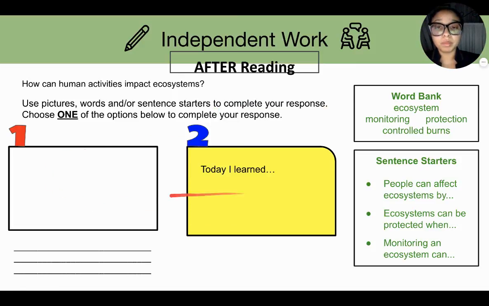Choose one of the options below to complete your response. You can use words from the word bank such as ecosystem, monitoring, protection, or controlled burns. You can also use any of these sentence starters to help you start your answer.